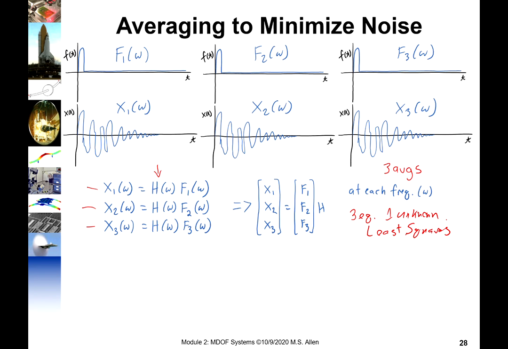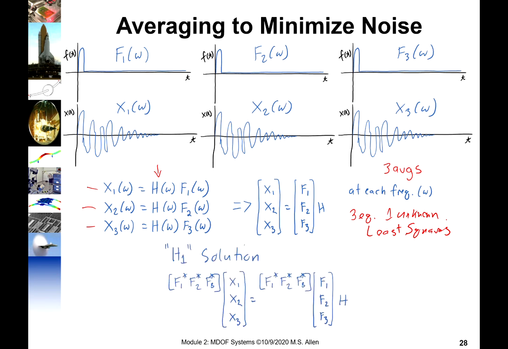Okay, so the way that works, if you remember your linear algebra, is that we would take this equation and we pre-multiply both sides by something. In this case, we use the complex conjugate transpose of this force vector here. And remember, this is all at one frequency. We're going to do this frequency line by frequency line.